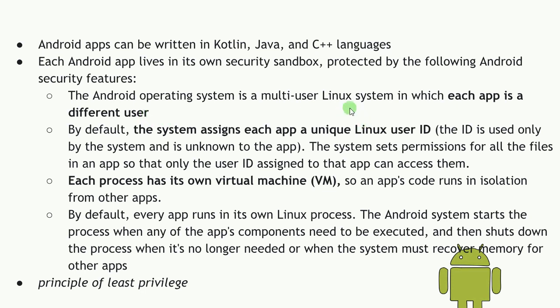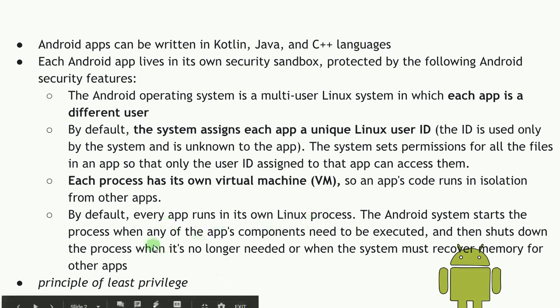They are not actually talking to each other, or getting involved with each other, which might be a security threat. The system assigns each app a unique Linux user ID. I think this comes from here only. You have the unique Linux user ID for all the apps. Every process has its own virtual machine, so there is no interference, and every app runs in its own Linux process.